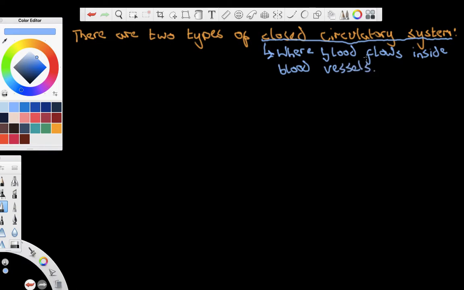Now the two types of closed circulatory system include what are known as a single closed circulatory system and a double closed circulatory system. So the first one we need to talk about is a single closed circulatory system.